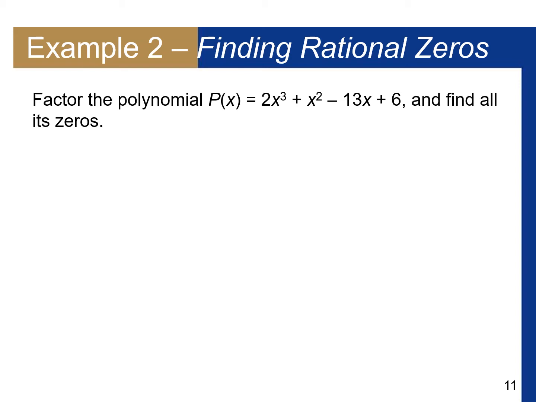So here I have a cubic again, and if I'm looking at synthetic division, I'm going to have coefficients of 2, 1, -13, and 6. And I did, upon inspection, check my exponents to make sure they went 3, 2, 1, 0, and none of those were missing.